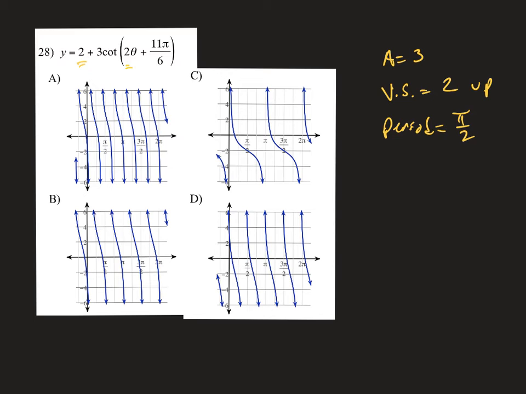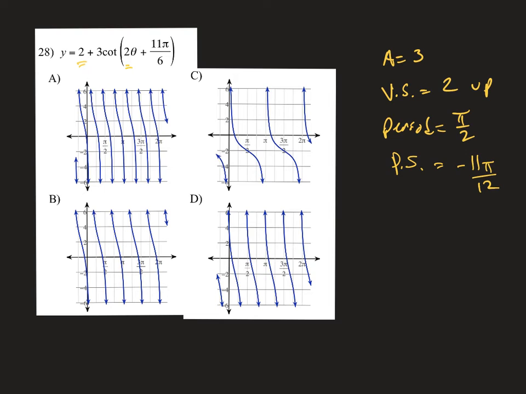And so that's half as wide, half the length of the cycle, as a normal cotangent function. And then finally, the phase shift is going to be negative 11 pi over 12. So this is another one with a crazy fraction. We'll go ahead and do that here, but again, I'm going to try to avoid that in the future.